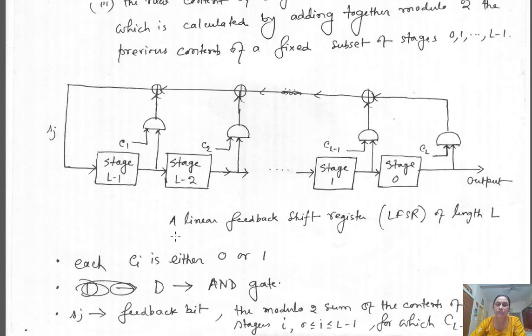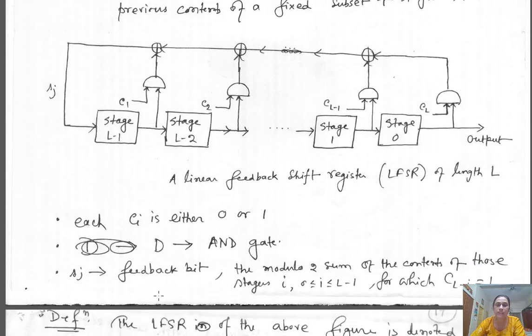This Ci is either 0 or 1, and this is an AND gate. Sj is the feedback bit, and it is calculated taking modulo 2, that means XORing, the modulo 2 sum of the contents of those stages I for which C L minus I is 1.